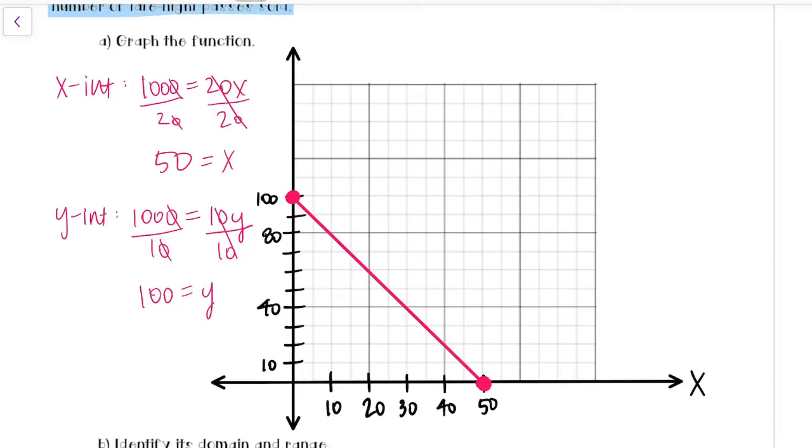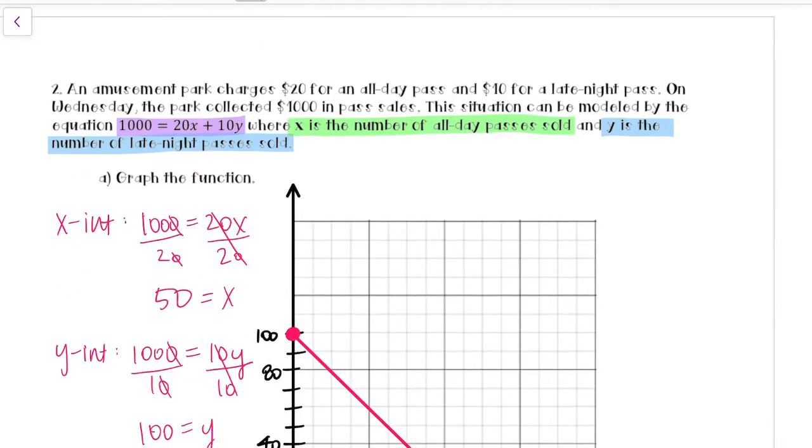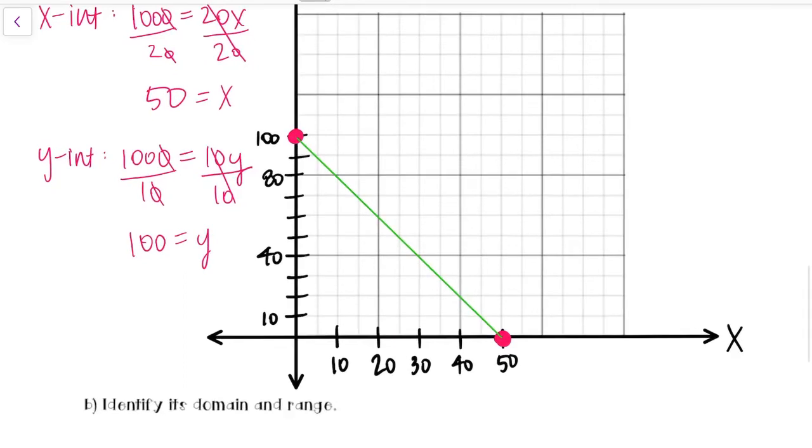Now in part B, when we want to identify our domain and range, remember our domain is all of our inputs, all of our x's. Well, when we remember that x is the number of all-day passes sold, the minimum number of passes they can sell would be 0, right? So x, smallest it's going to be is 0.